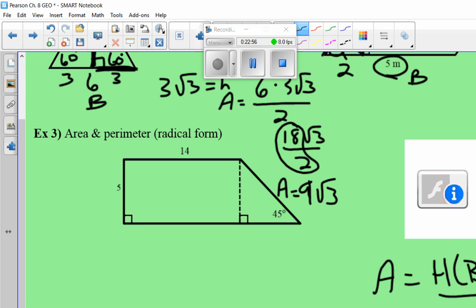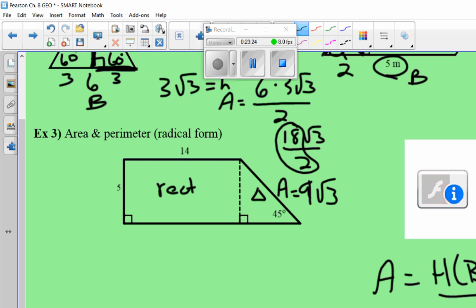B1 is typically the top, and B2 is typically the bottom, okay? You could call this a rectangle and a triangle, so I could find the area of each and then add them together, whatever you want to do there, okay? But they also want me to get the perimeter, so I've got some things to find here, okay?